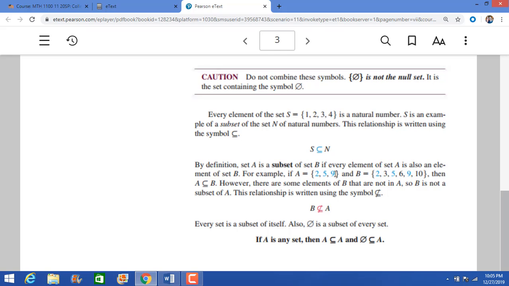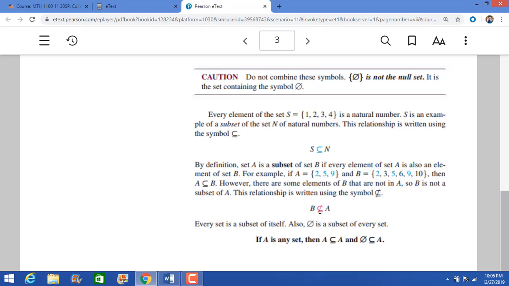So if A is 2, 5, and 9, and B is 2, 3, 5, 6, 9, and 10, then we can see that 2, 5, and 9 are also elements of B. So since each element of A is an element in B, A is a subset of B, okay? But B is not a subset of A, because not all of the elements in B are found in A, okay?